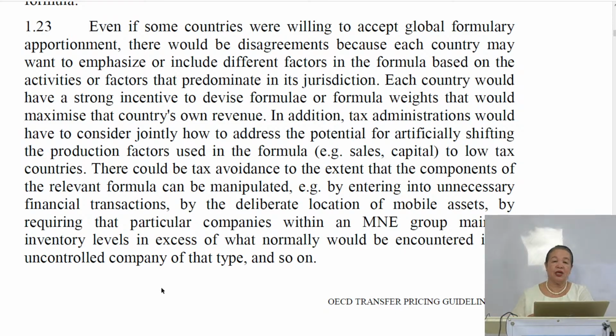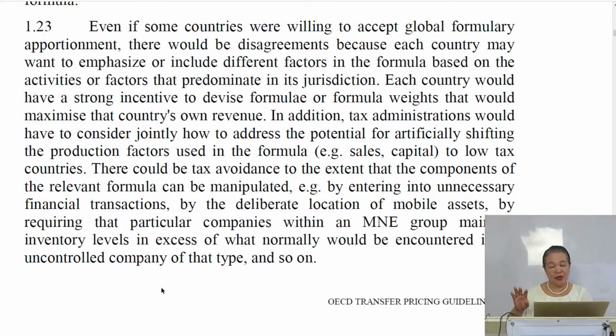Unlike sa arm's length principle na kompleto na siya, may comparability factors na. With the application or on the analysis of the comparability factors, applying it to the comparability analysis, iba na yung mukha ng transaction sa bawat entity.